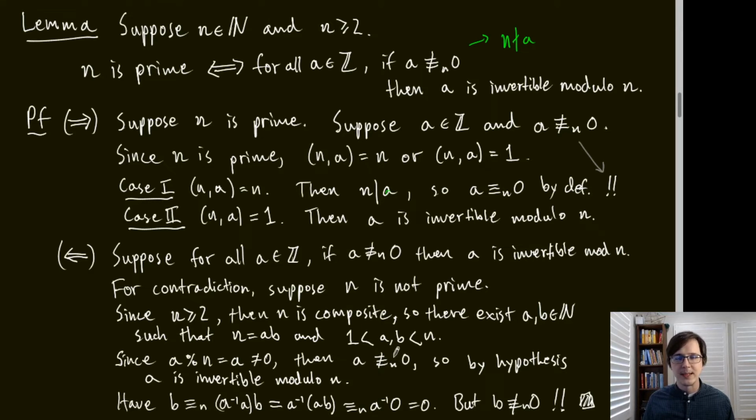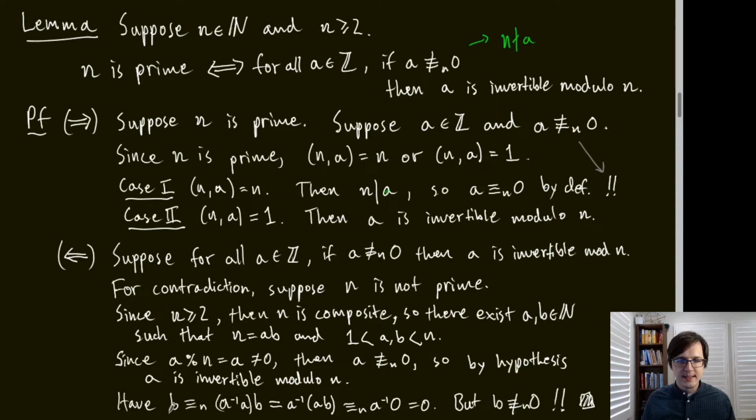There are a few ways we can give an argument for that. So by hypothesis, a is invertible modulo n, because we should just mention that it's not congruent to 0 mod n, and our hypothesis lets us say that this number is invertible.